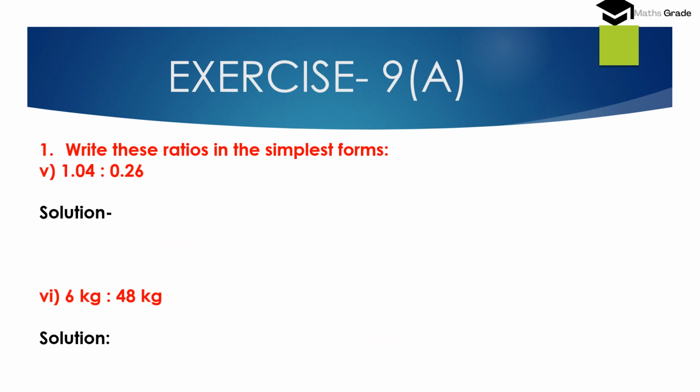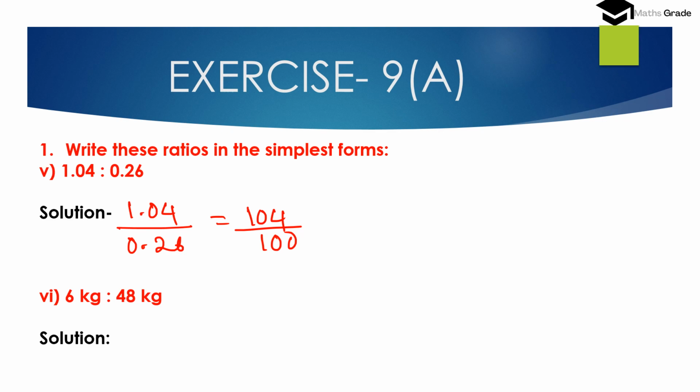Now question number 1, fifth bit, 1.04 is to 0.26. We can write 1.04 is to 0.26 as 1.04 divided by 0.26. And 1.04 is 104 divided by 100, since after the decimal point there are 2 digits, so we divide by 100.